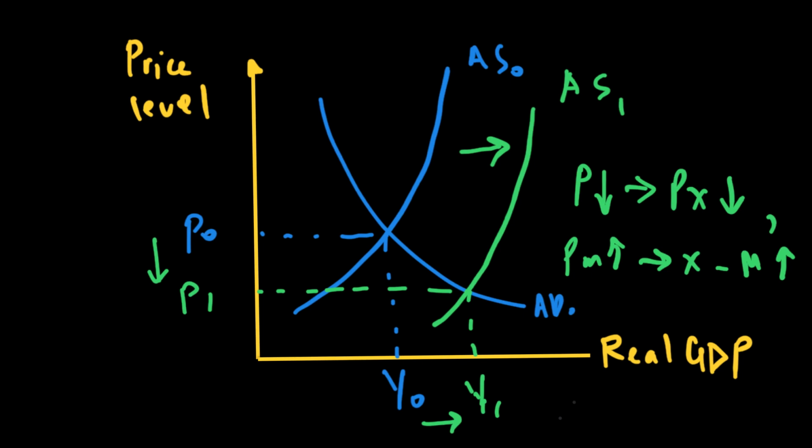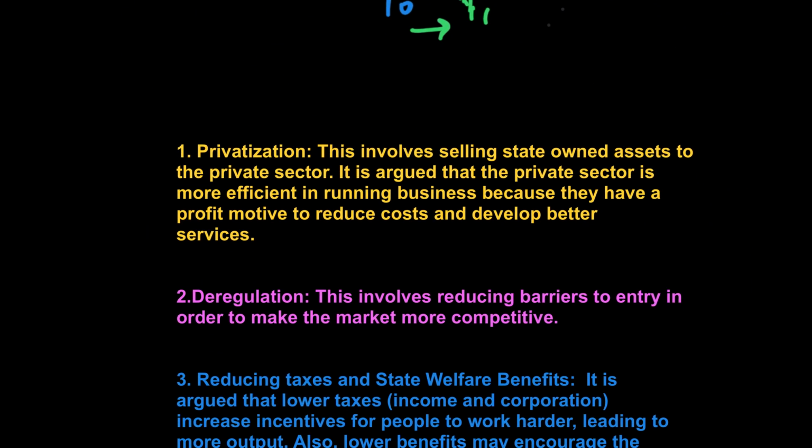Let's discuss all the different kinds of supply side initiatives that the economy can undertake in order to make the aggregate supply curve shift to the right. The first supply side policy we would like to discuss is privatization. In privatization, the government tries to sell state-owned assets to the private sector, and the main motivation is that the private sector has a profit motive.